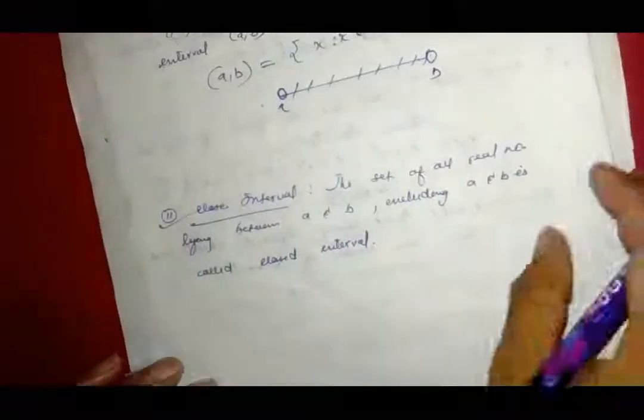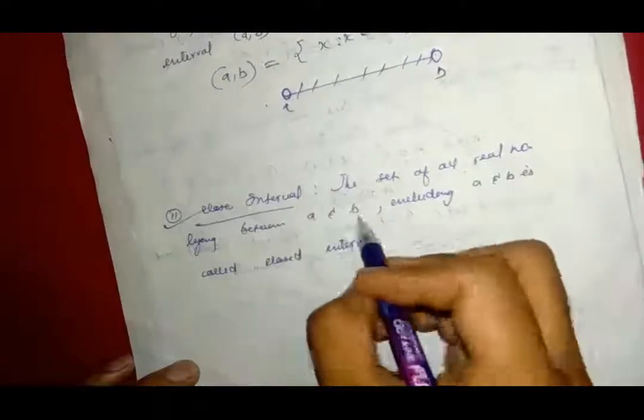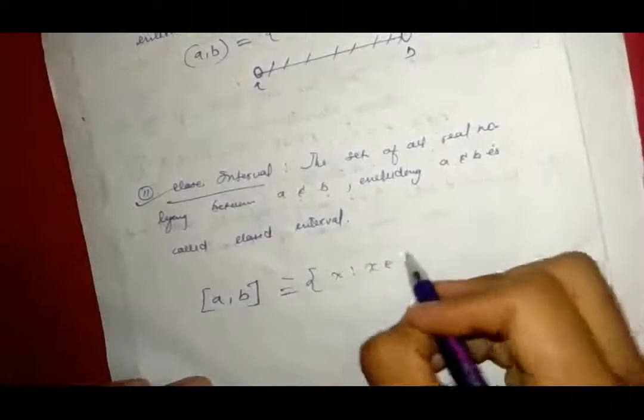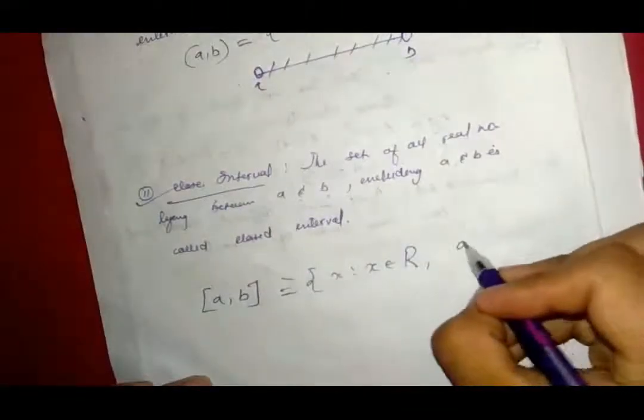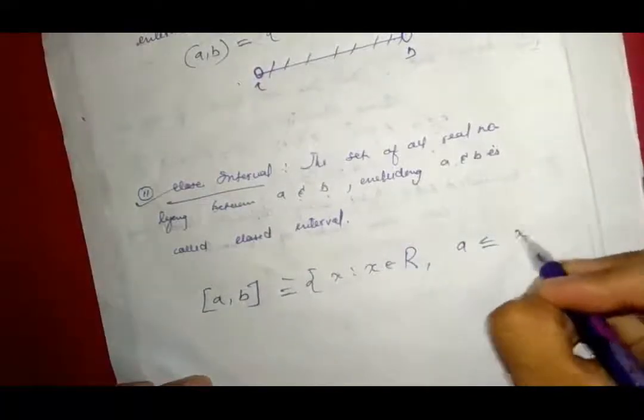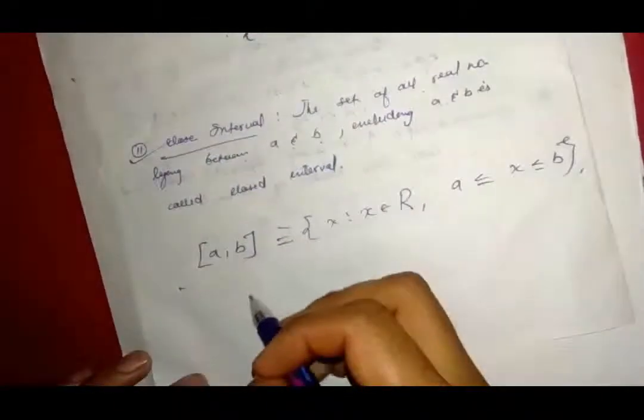For the closed interval, a set of all real numbers lying between A and B, including A and B, is called a closed interval. For the symbol of the closed interval, [a, b] equals the set of x belonging to the real numbers from a to b.